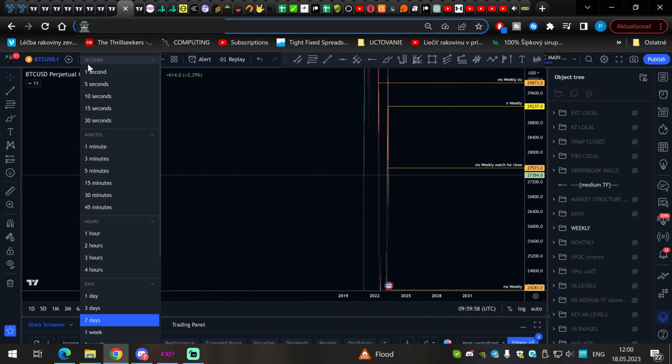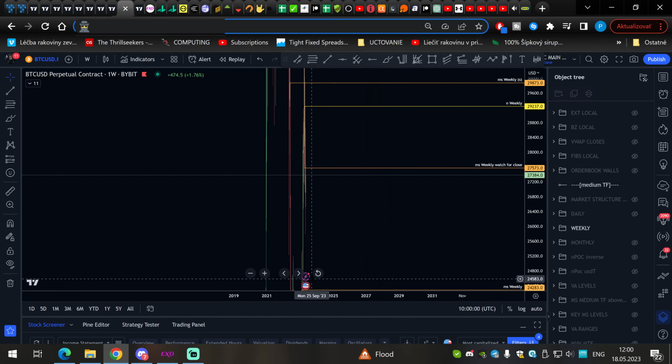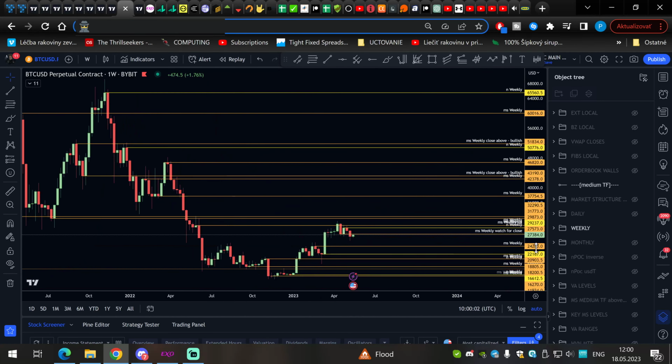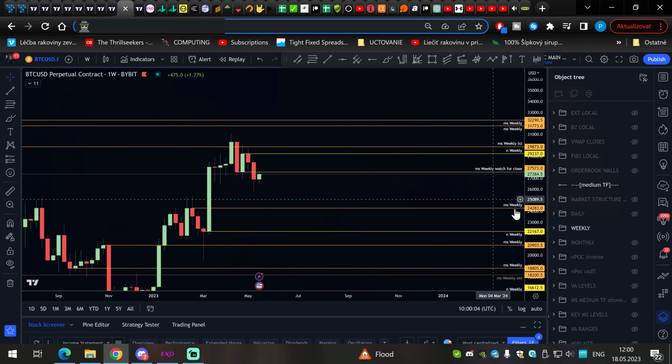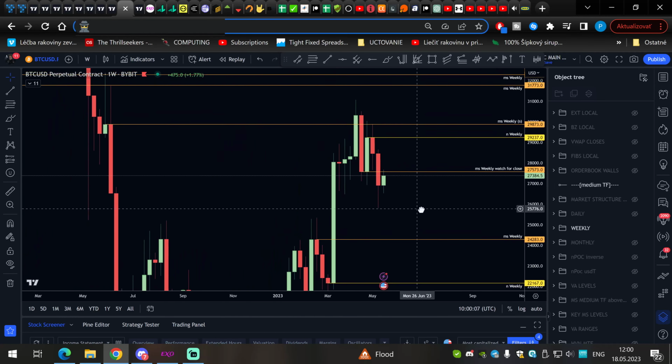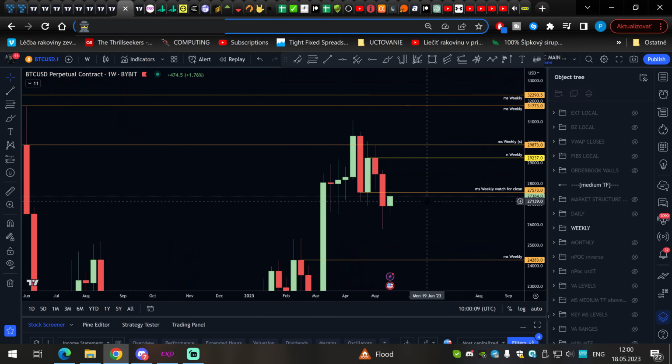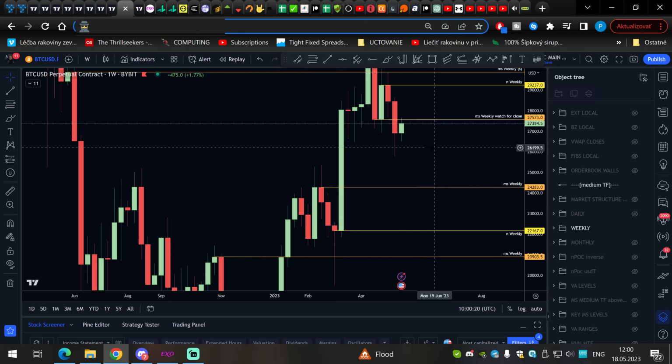From the weekly time frame, we also watch this when we close over this finally. If we want to see more upside from the weekly time frame, then we need to close above 27,573. It's the most recent weekly market structure. Then we will open the road for the naked weekly. This one, very, very simple here.